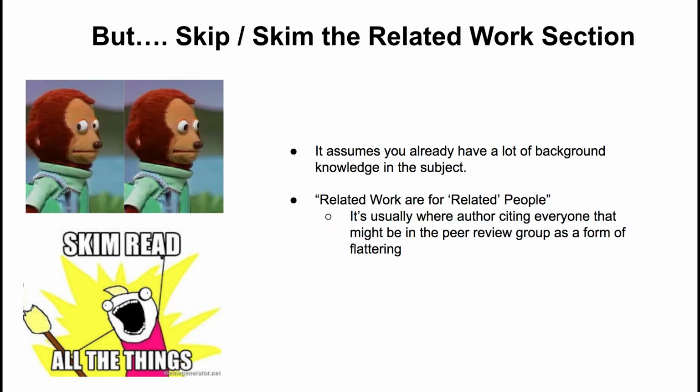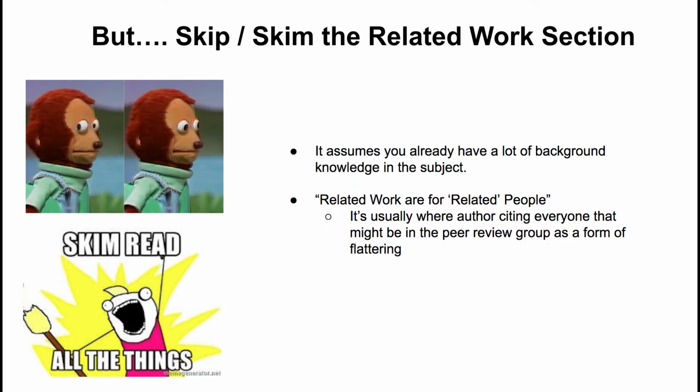But there's one section that you should skip or skim through, which is the related work section, because it usually assumes that you have a lot of background in the subject, which a lot of times, unless you're a domain expert, you usually don't have.